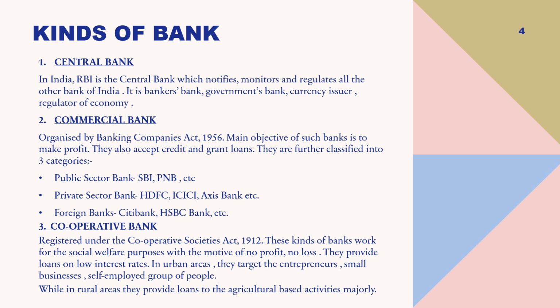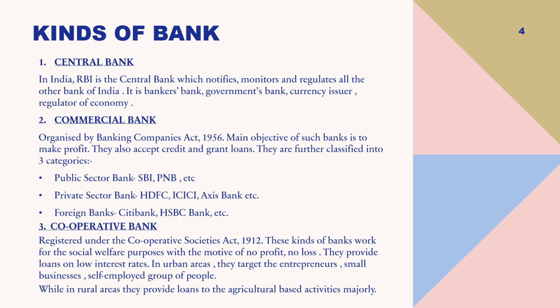So they accept deposits and grant loans. This way they make the profit. They are further classified into three categories: public sector bank, private sector bank, and foreign banks. So here are some examples of each of these banks.